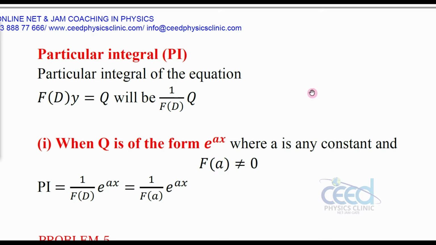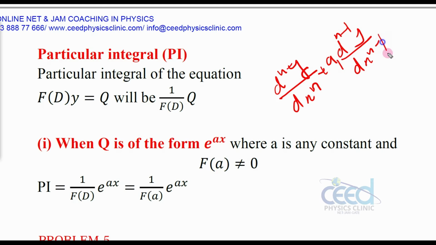Today we are continuing from the section which we have discussed in the last class. In the last class we discussed how to find the solution of a differential equation of the form d^n y/dx^n + a1 d^(n-1) y/dx^(n-1) + ... + an y = 0.